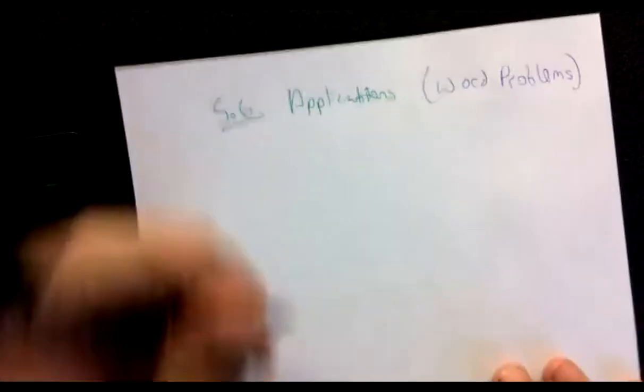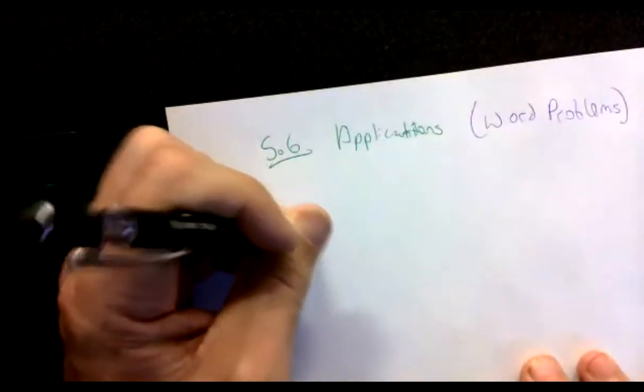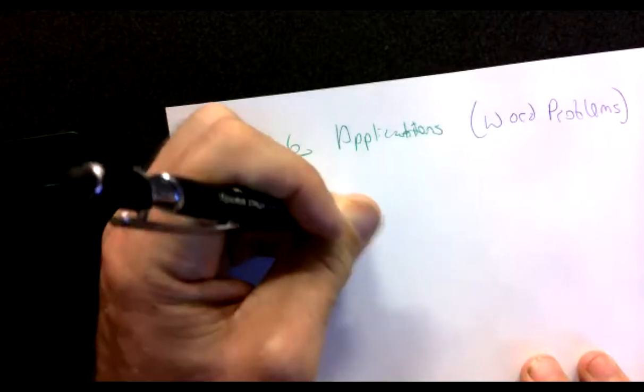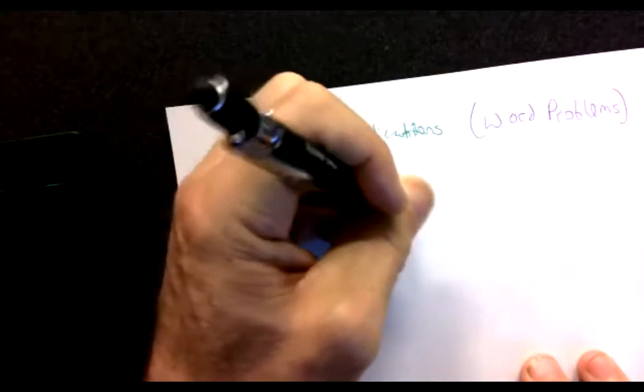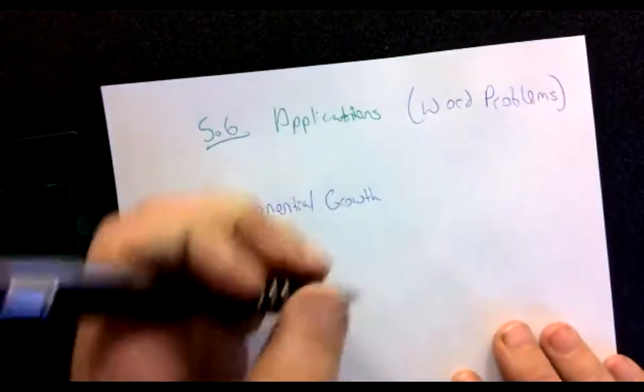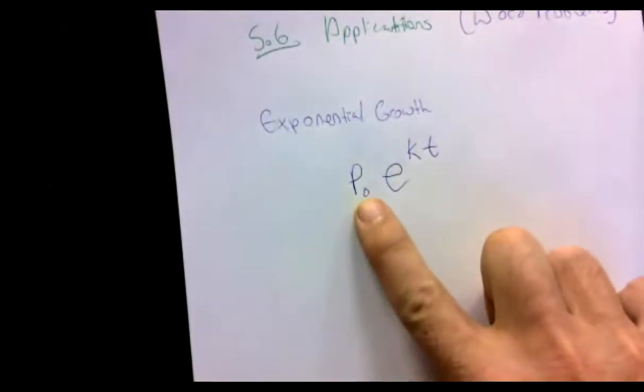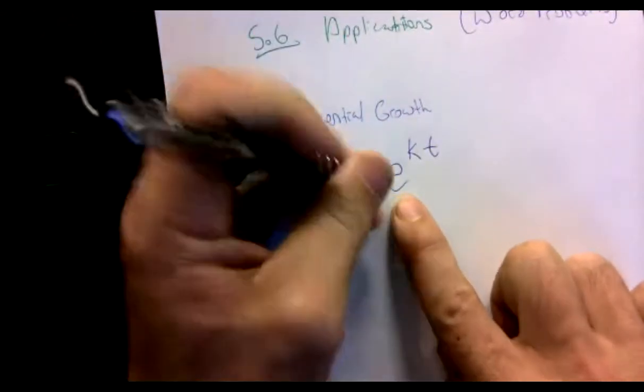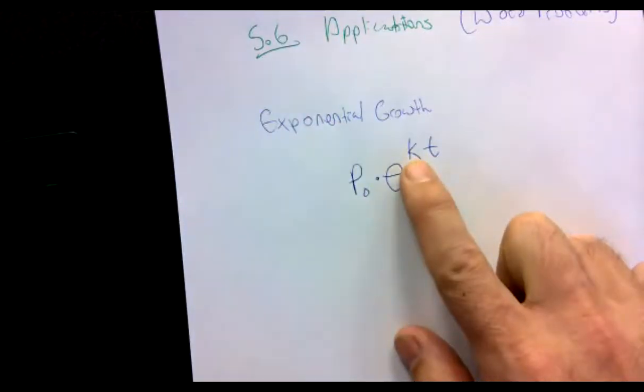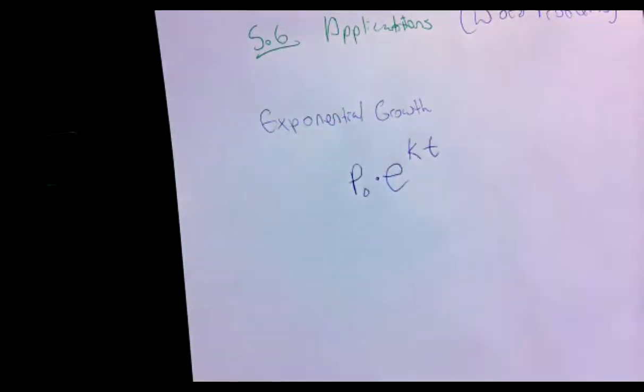So first and foremost, anytime you're dealing with an exponential growth type of problem, they will almost always follow along this pattern. Okay, that's P sub 0 times e to the kt power.